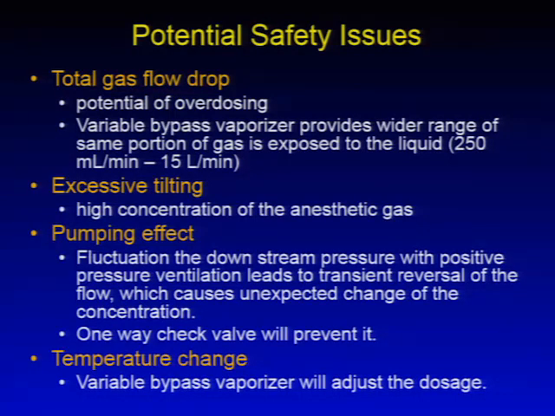Therefore, it may cause an unexpected change in the concentration of the vapor. So in order to prevent that from happening, we have a one-way check valve in the copper kettle and also the variable bypass vaporizer. And for temperature change, the copper kettle does not adjust well, but nowadays the variable bypass vaporizer will adjust the dosage per the temperature change.